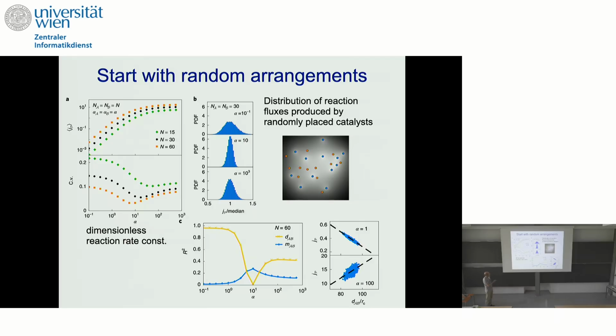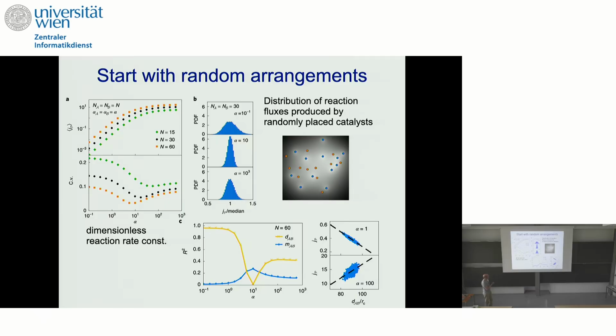So then you get for one parameter set, let's say you take 30 enzymes of each type, you take a particular reaction rate constant that in this case is assumed to be equal for the two enzymes, you get a probability distribution function for the final output flux that has some mean value and some variance.